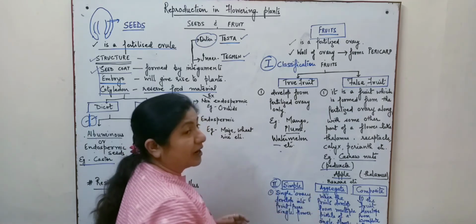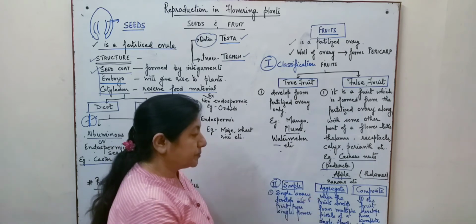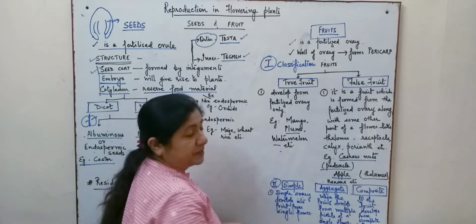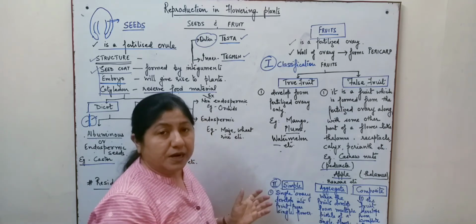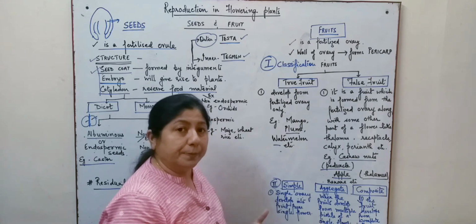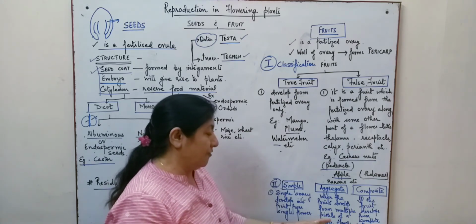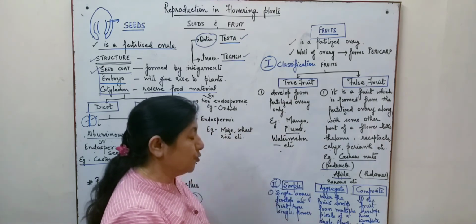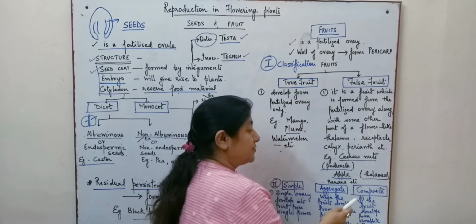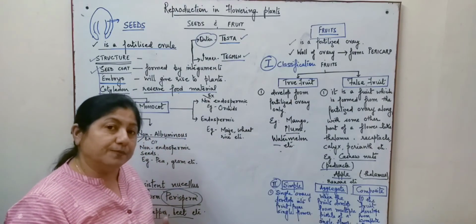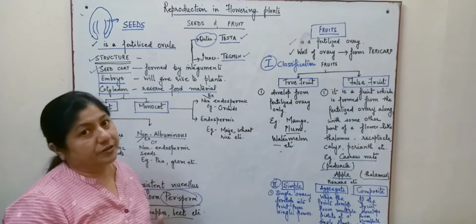Aggregate fruits are those that develop from multiple pistils. We have studied multicarpellary. So when the fruits develop from multiple pistils of a single flower, it is known as an aggregate fruit. A composite fruit is one in which the fruit develops from a complete inflorescence.